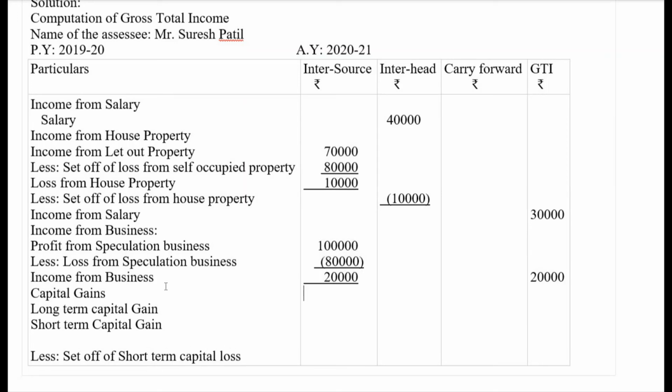So now let's record the values. We have a long-term capital gain of rupees 90,000.